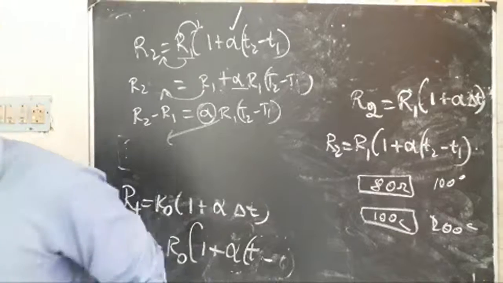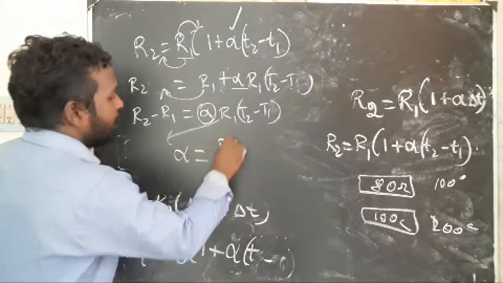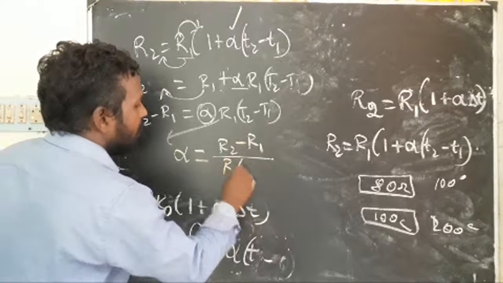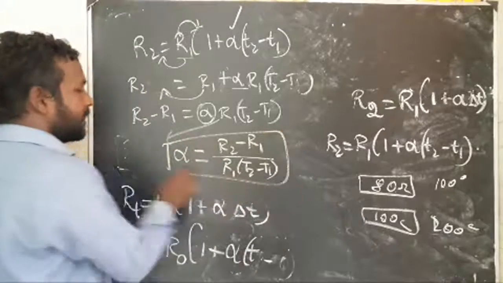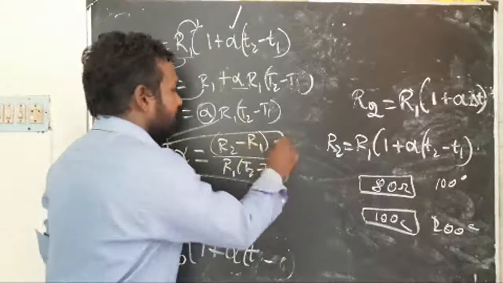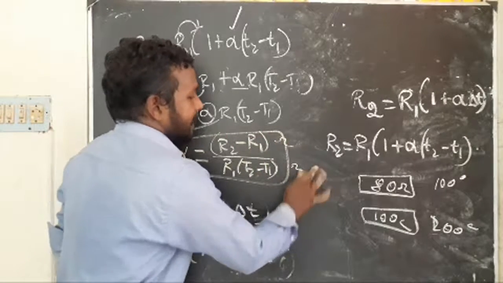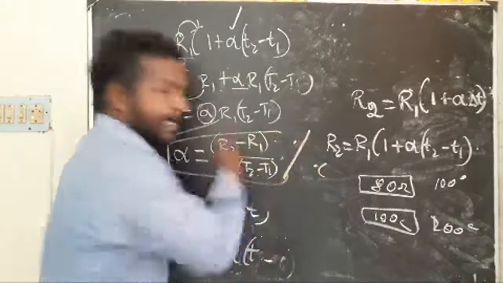So alpha is equal to (R2 minus R1) divided by R1 (T2 minus T1). This is the temperature coefficient. What is the unit? The numerator is in ohms, the denominator has ohms and degree Celsius. Ohms get cancelled, so the unit is per degree Celsius.